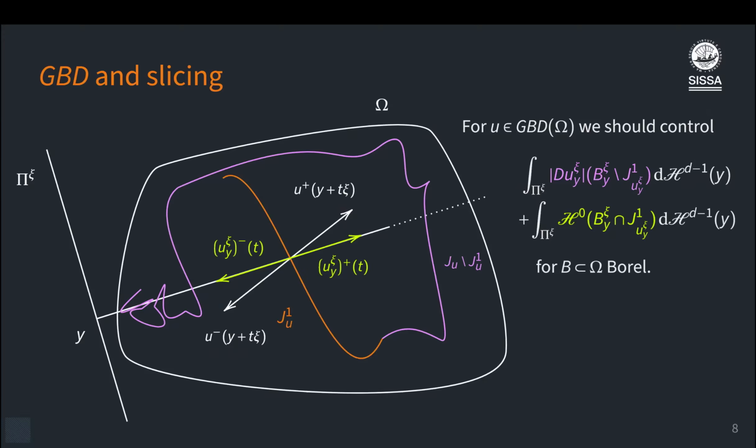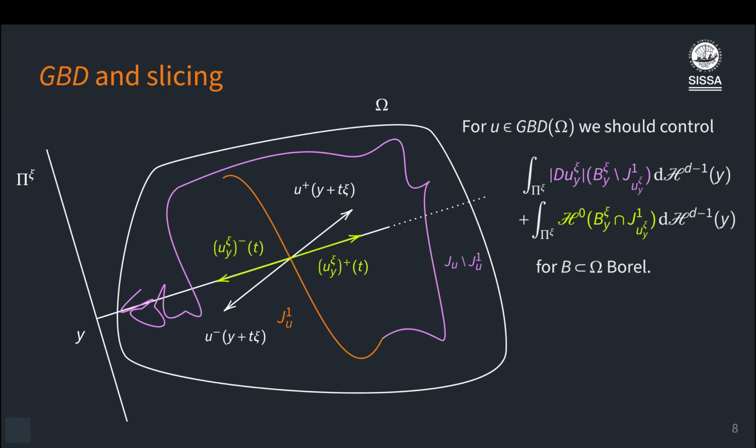Here, J^1 of u^ξ_y is the set of points in the jump set of the slice u^ξ_y where the jump is larger than 1. And then I should penalize instead the number of the points at which this one-dimensional section jumps a lot. This is what I should control.